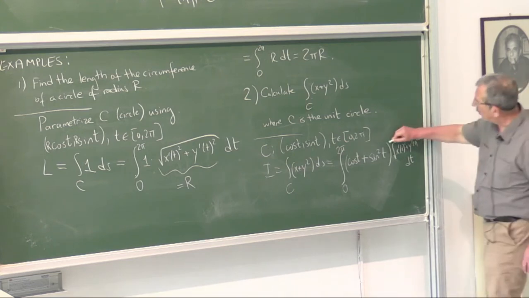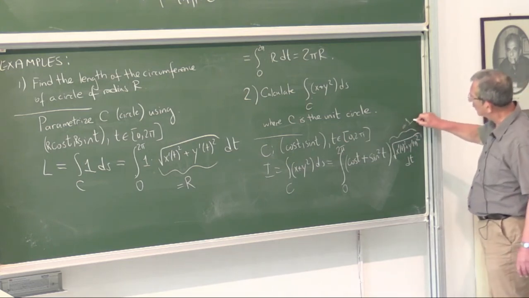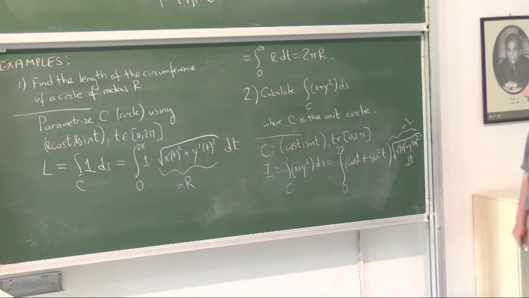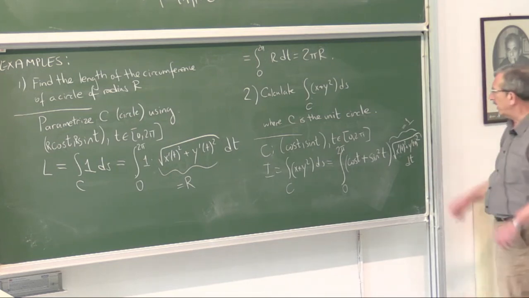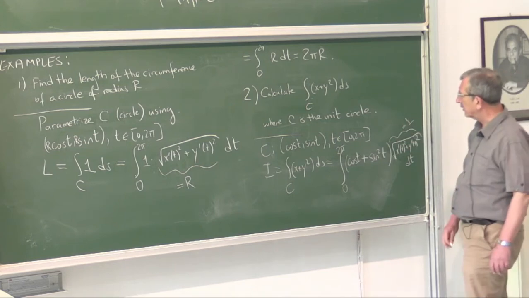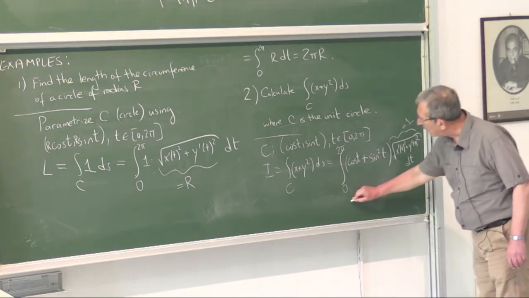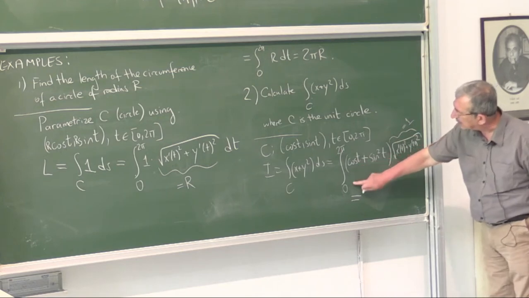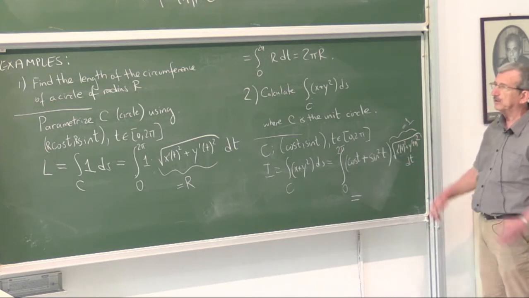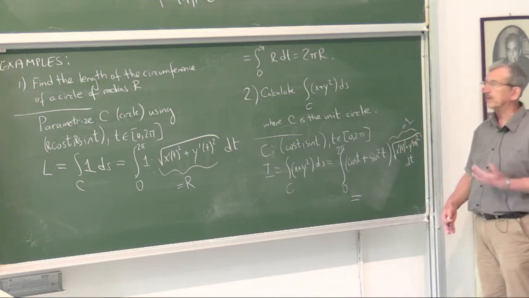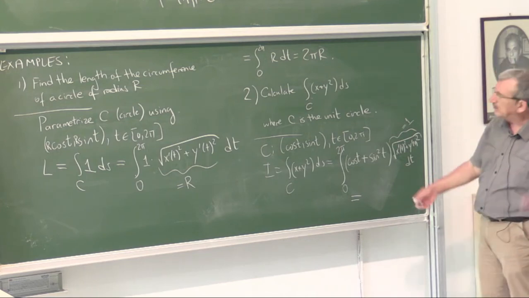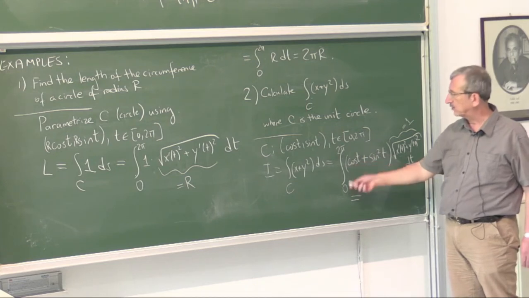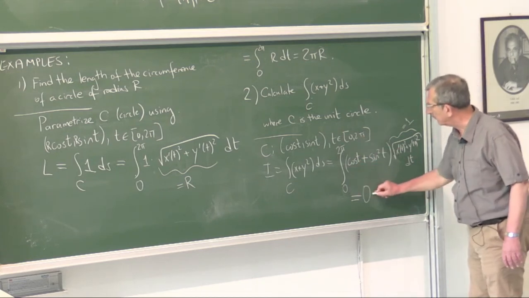Now this term, of course, is 1 because you have here sine squared, you have here cosine squared, and you don't have anything else here. You can directly compute this. Because this is 1, you have the integral of cosine t from 0 to 2 pi. Well, it's a full period, so the integral is 0. The antiderivative is sine t, and so from 0 to 2 pi, you have 0.